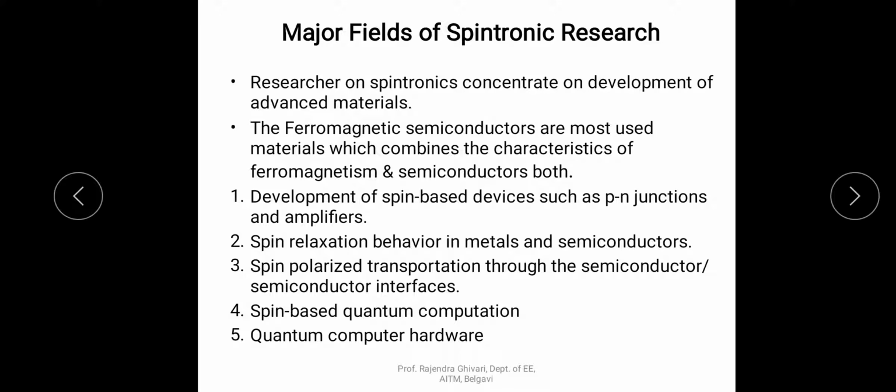The major research areas are the development of spin-based devices such as PN junction and amplifier, relaxation behavior in metals and semiconductors, and spin polarized transportation through the semiconductor and semiconductor interfaces. The fourth one is spin based quantum computation, and the fifth one is quantum computer hardware. So these are the major fields of spintronic research.